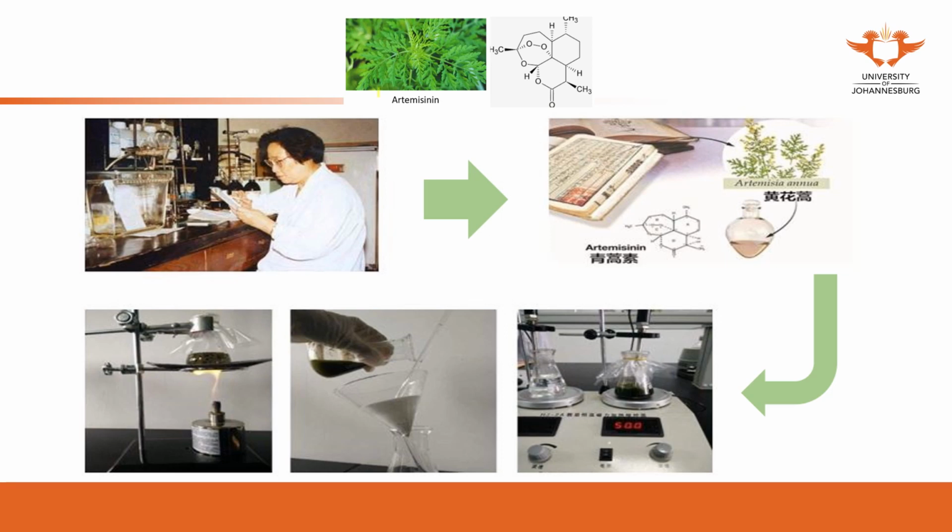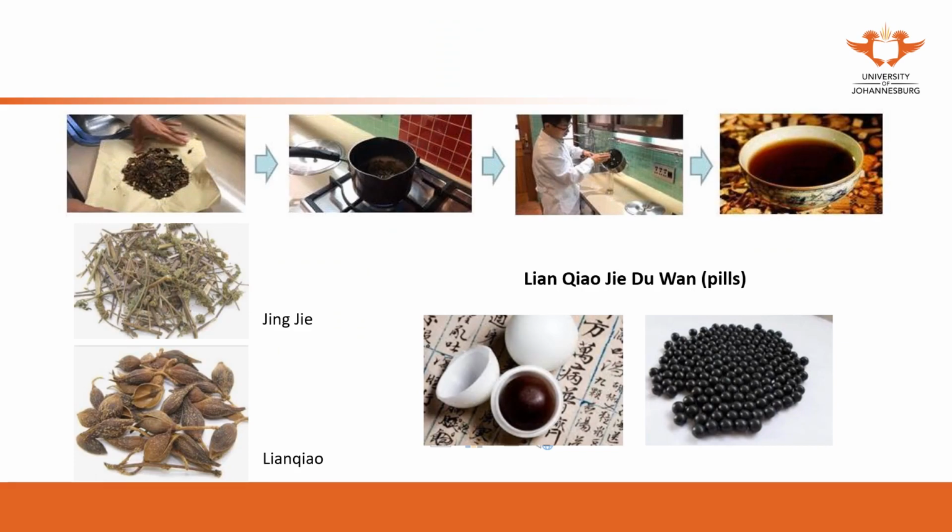That's where artemisinin comes from. We have introduced the story of Dr. Tu Youyou, who was awarded the Nobel Prize in 2015. This is one pathway of studying Chinese herbal medicine. However, this is not the only way, and also this is not the best way.